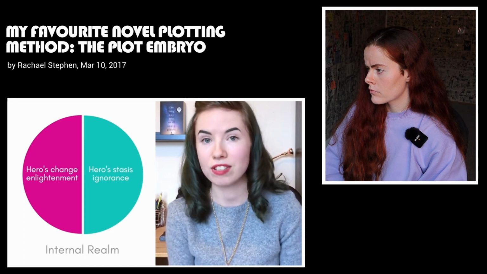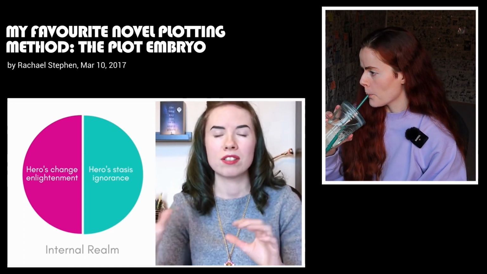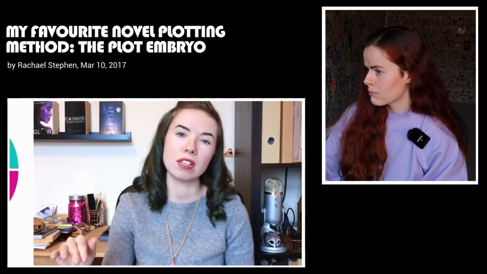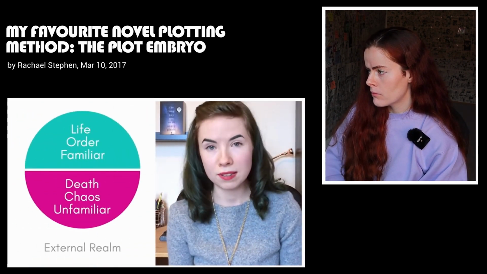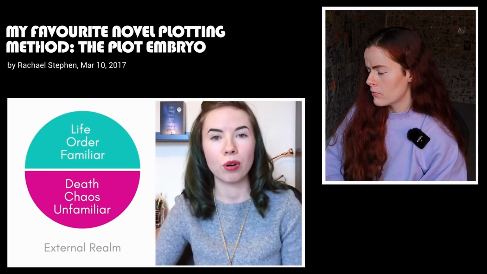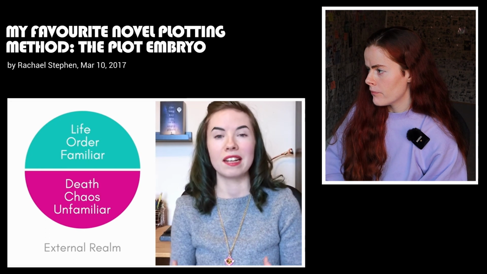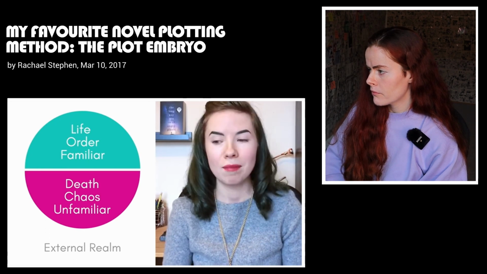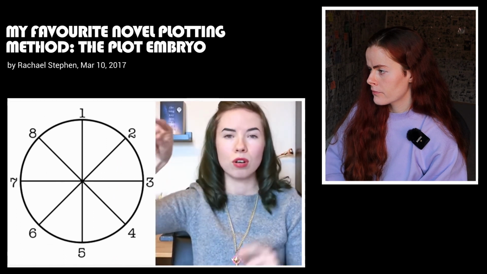Dan himself actually says in a lot of his plots in Community, these are dishonesty and honesty. The horizontal line divides external changes in the story, so the hero's world. On the top you have life, order, the familiar, and on the bottom you have death and chaos, disorder, and the unfamiliar. So these two lines give you kind of cardinal crossing points.